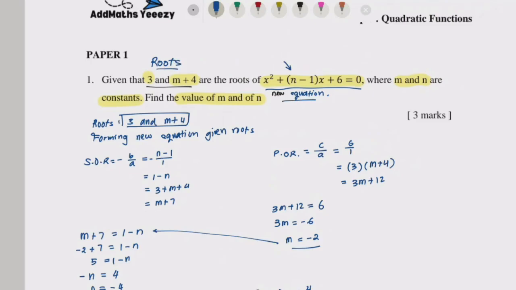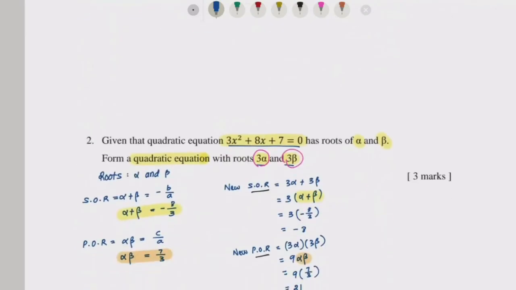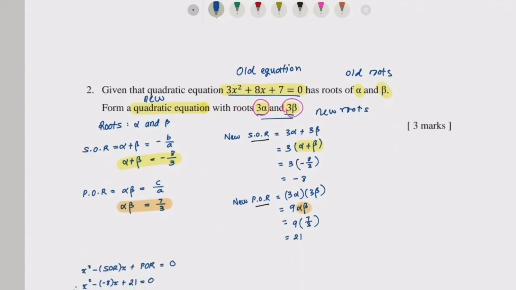The other type is where you are given the old equation with the old roots, and then you need to form a new equation with the new roots. This is another type of question that will be asked in this topic.